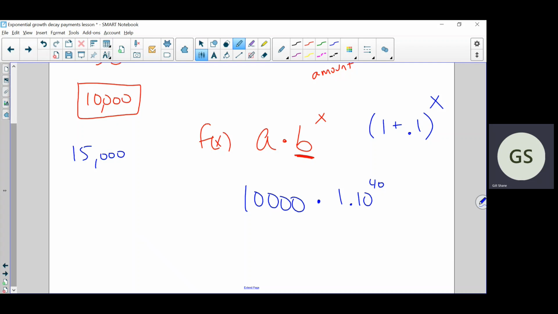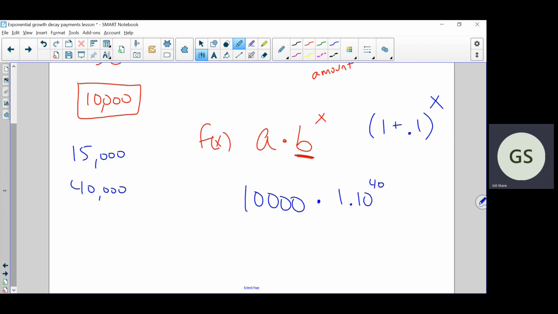What do you think? 15,000 was a guess. 25,000. You said 40,000. I can't even see my calculator to know what it actually is. 17,000? You already said 15.